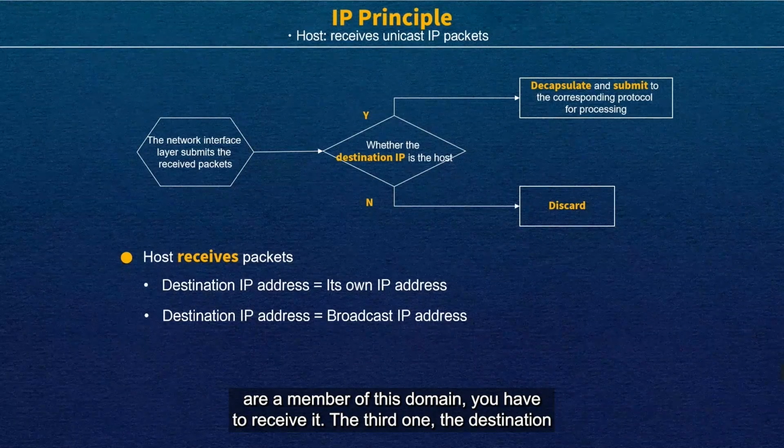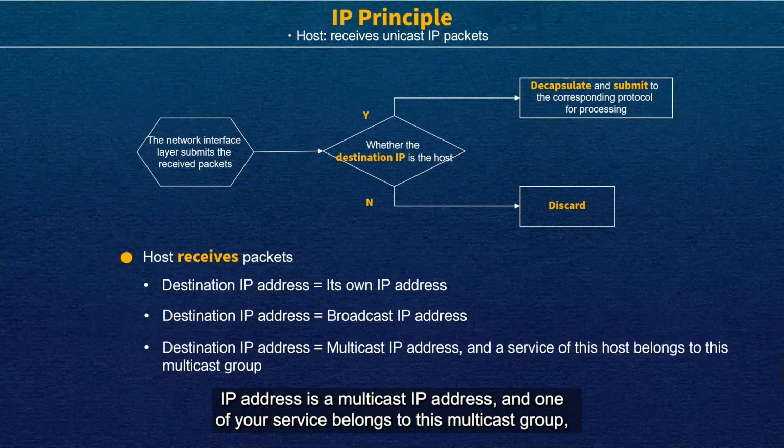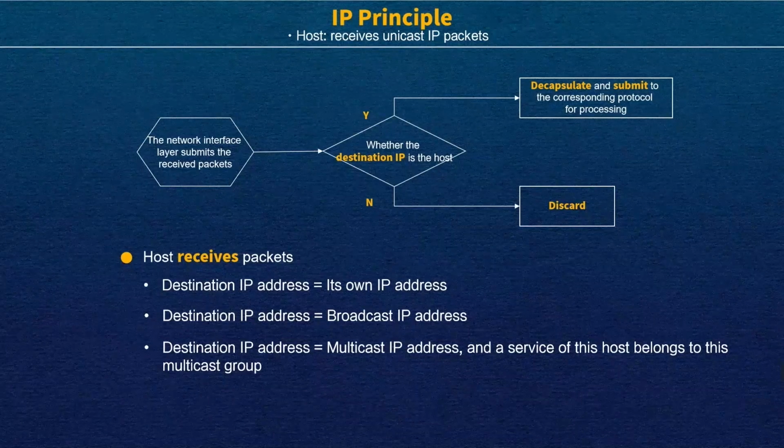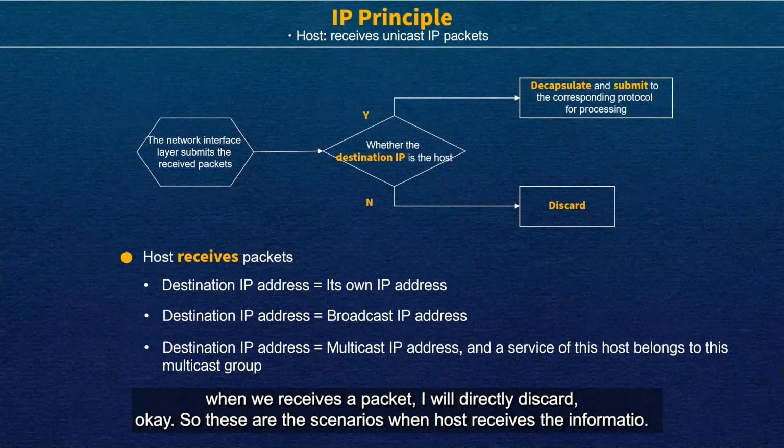You have to receive it. The third one, the destination IP address is a multicast IP address, and a service of yours belongs to this multicast group. You are also a member of the group, so you also have to check. Except for these three scenarios, when we receive the packets, I will directly discard them. Okay? So this is how the host receives the information.